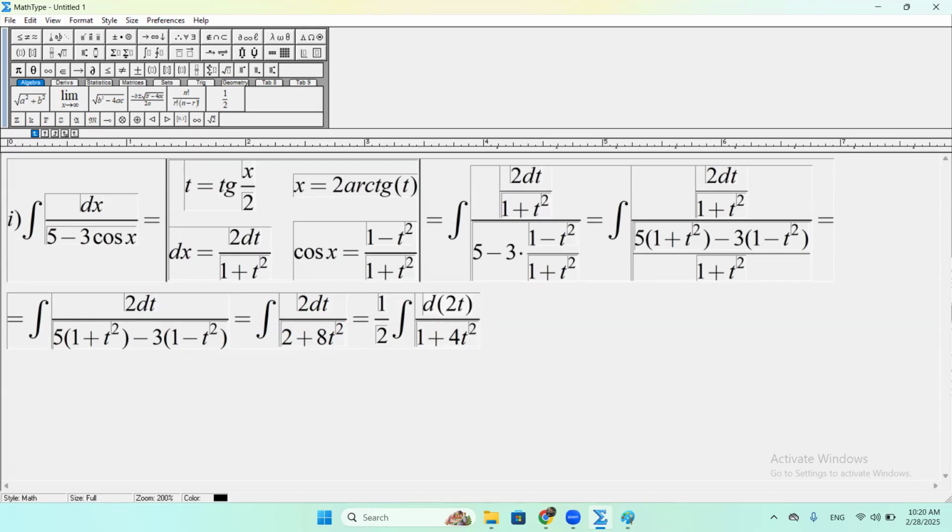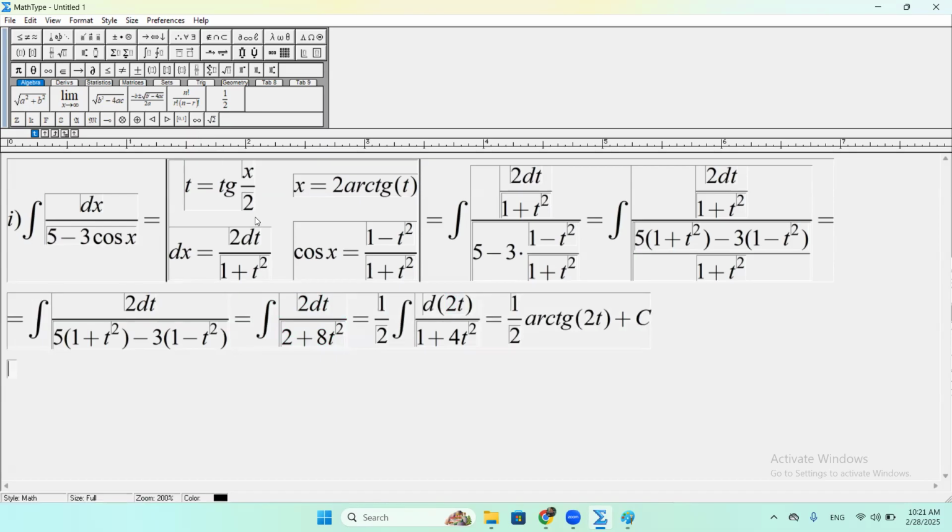So nothing changed here, but we differentiate by 2t, because 2t square equals 4t square, so everything is in the power of 2. Now let's integrate. This is the table integral: 1 over 2 arctangent of 2t plus c.